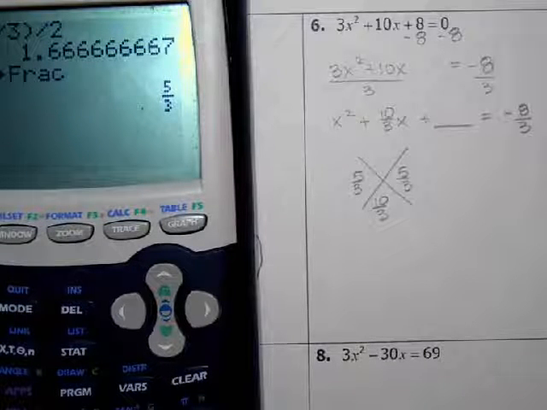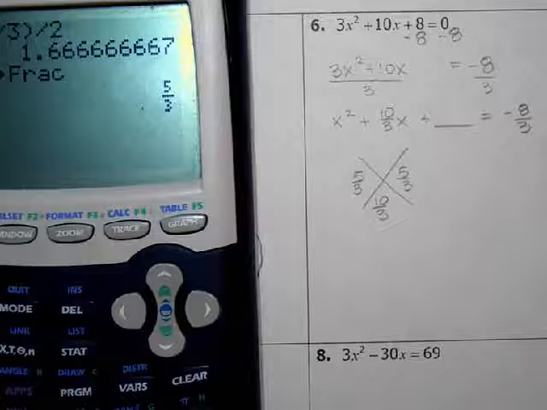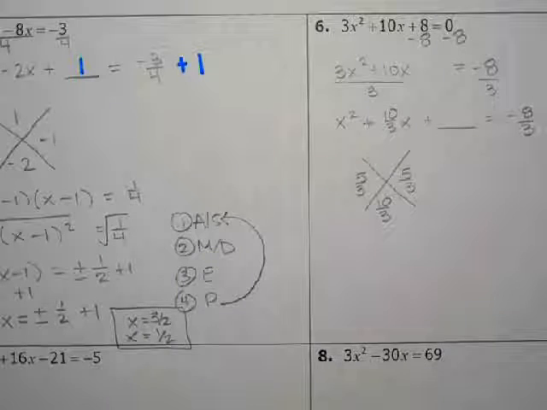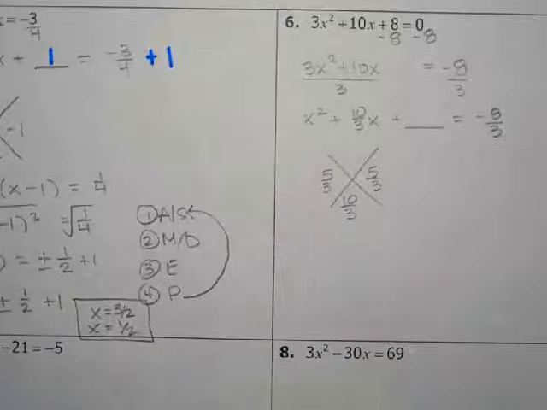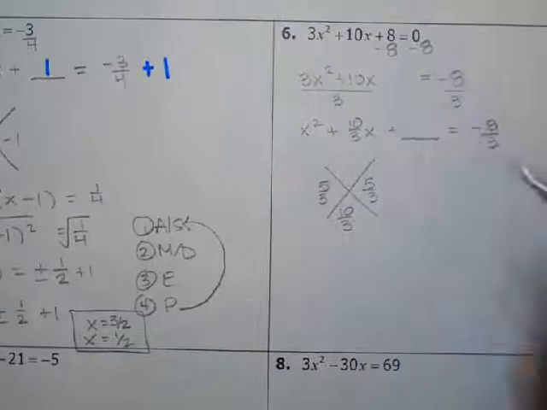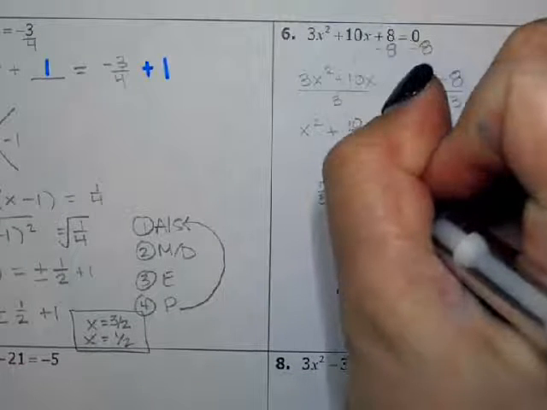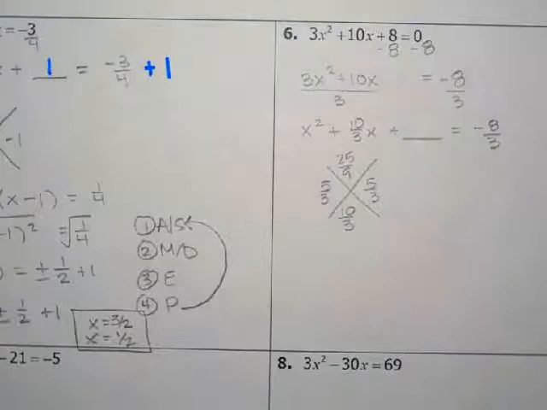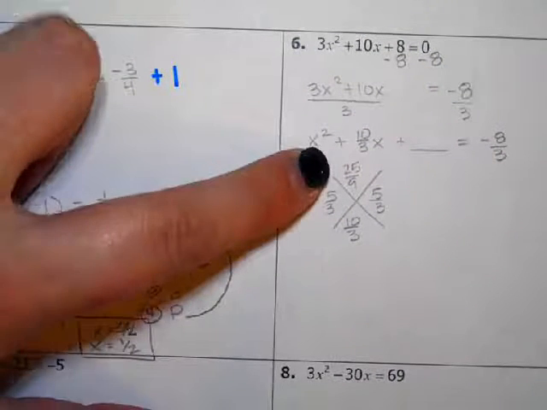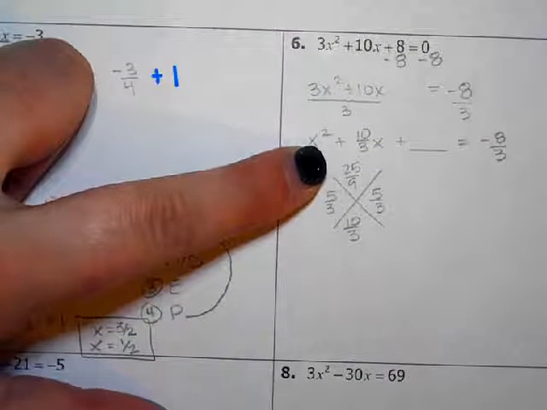Okay, so what number are we putting on top? I'm switching to purple because I just lost my blue marker. 25/9. So for those of us who maybe didn't get that number, how did we get 25/9? 5/3 times 5/3 is 25/9.